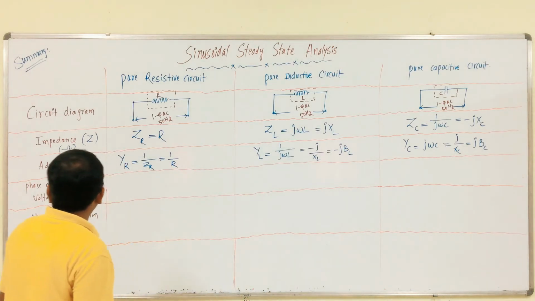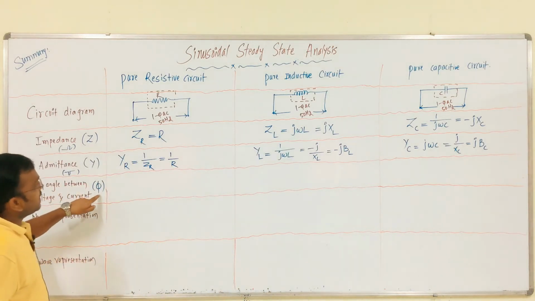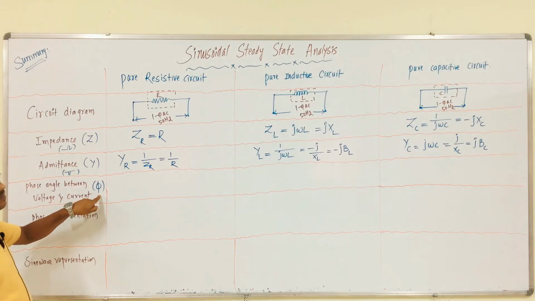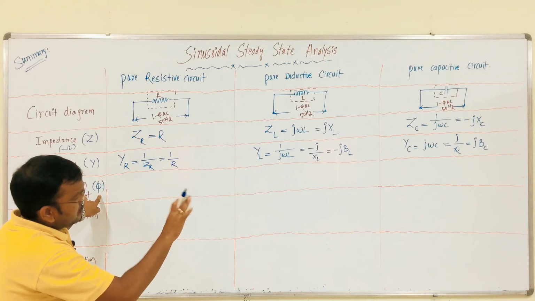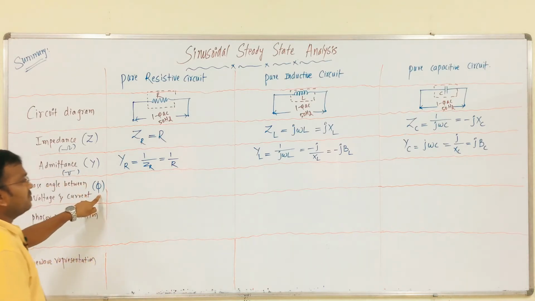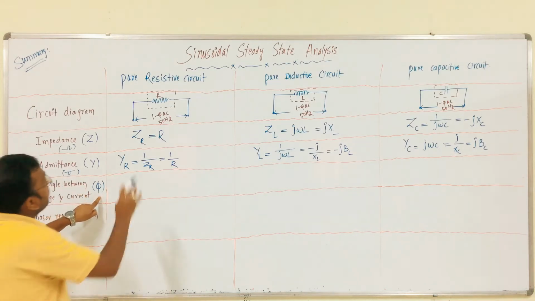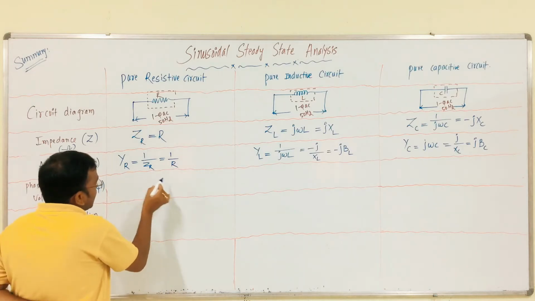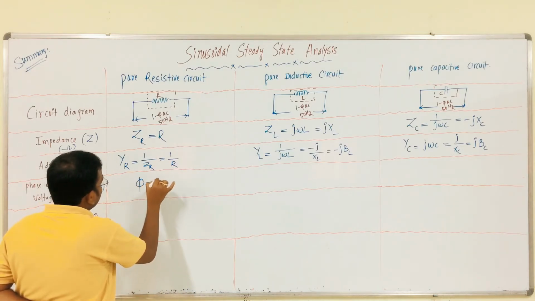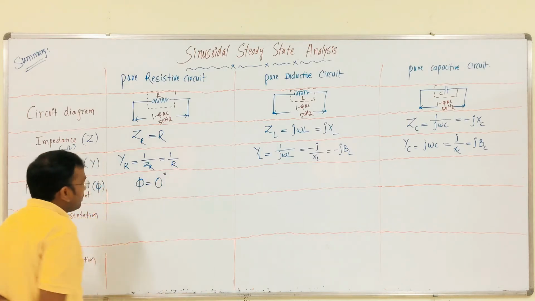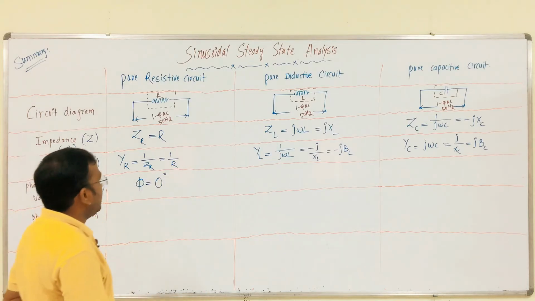Clear? Then the phase angle between voltage and current, phi. For a pure resistive circuit, the phase angle is phi equal to 0 degrees. Clear?